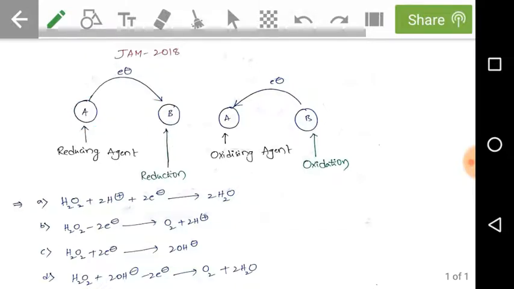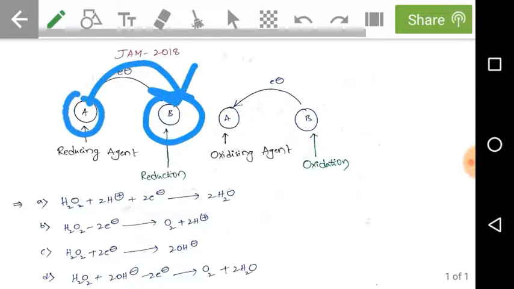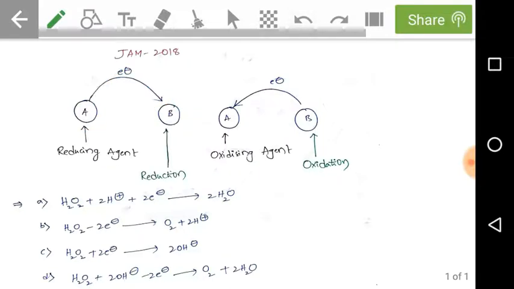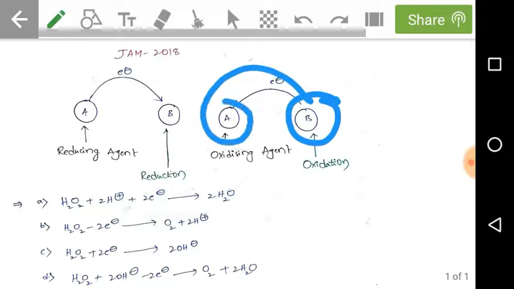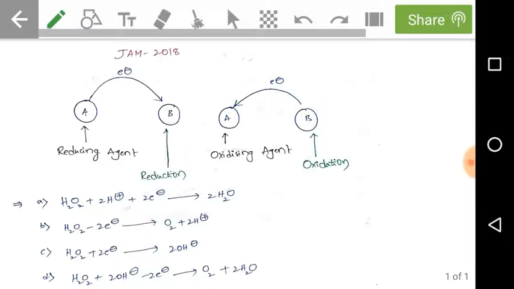In simple words, if a particular species causes reduction in another species by donating its electrons to it, then we consider that species a reducing agent. Now, how do you define an oxidizing agent? If a particular species causes oxidation in another species by accepting electrons from it, then we call it an oxidizing agent. I hope you understood it.